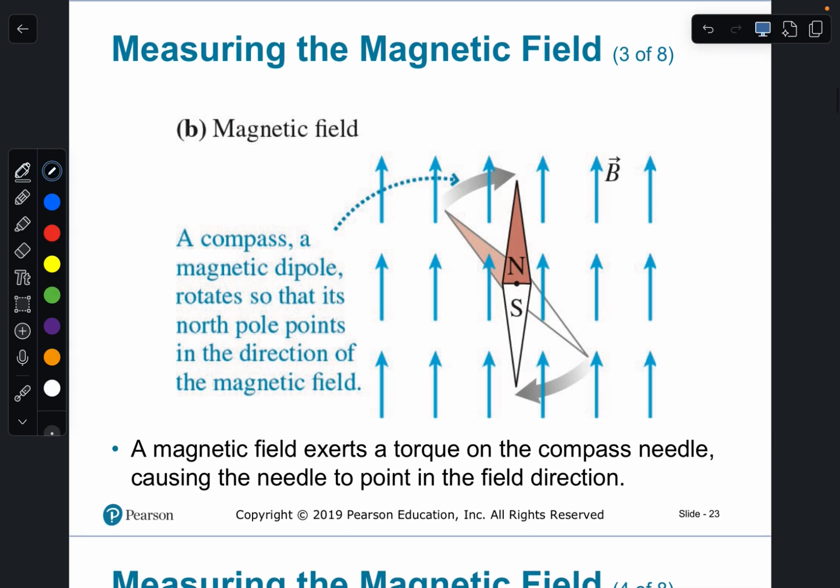So when we see a compass needle suddenly shift, it's moving because it's aligning itself with an existing magnetic field, the one created by Earth. So if Earth's magnetic field are the blue lines, and they happen to be pointing north on this page, well then the compass needle is going to rotate to line up and also point north, just like the magnetic field lines.